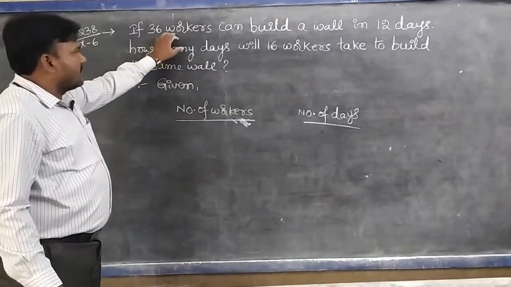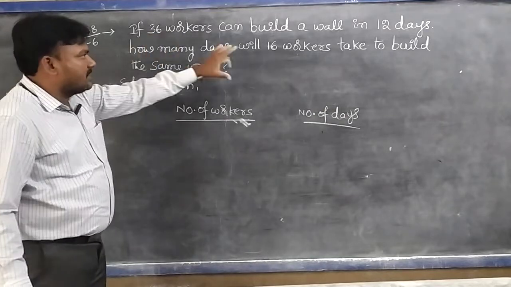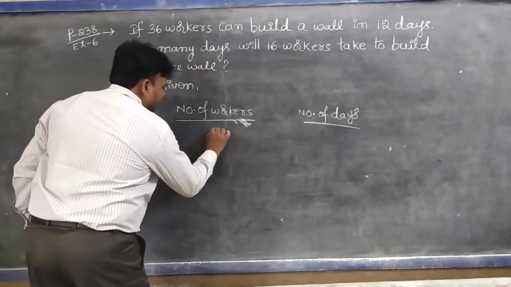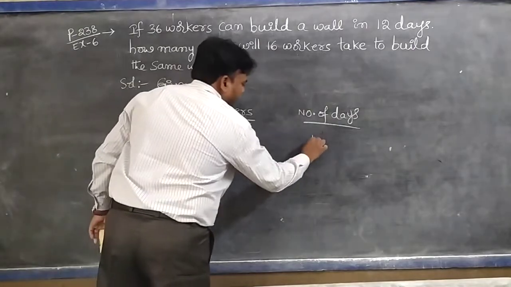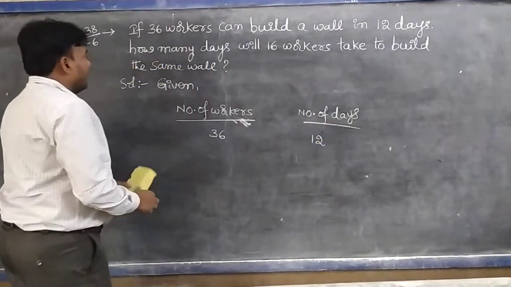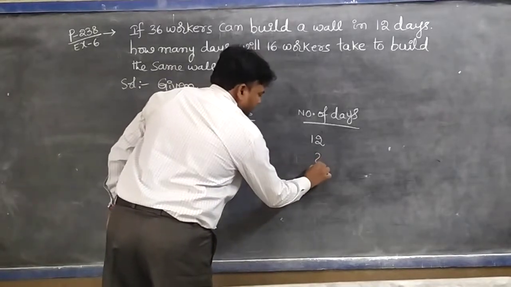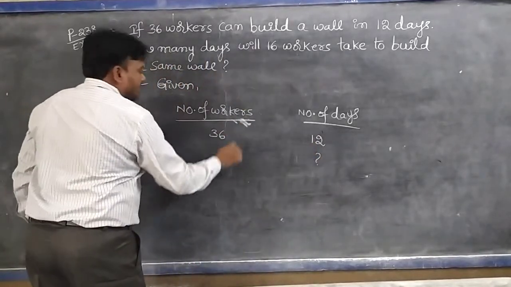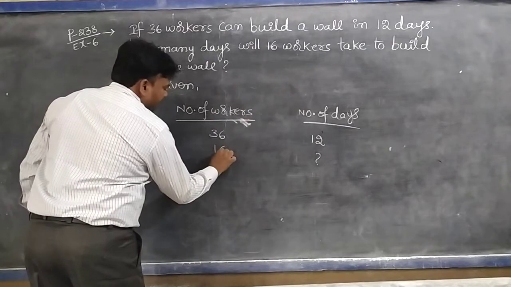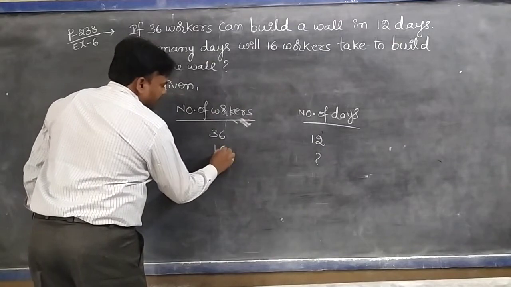So, how many workers are there in the first line? 36 workers, 12 days. Next one: in how many days? That is the question mark. How many days for 16 workers? Yes, observe students.